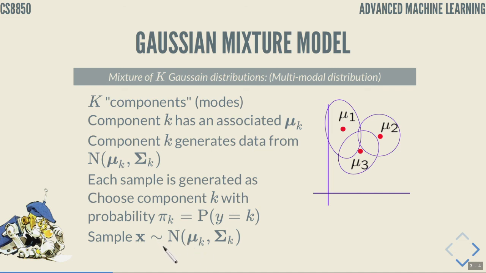One thing to note is that the Gaussian mixture model is a generative model. Generative models are a class of models that don't only describe the data or solve a problem of classification, say, but they can also generate data that adheres to the distribution of the data that they were trained on.